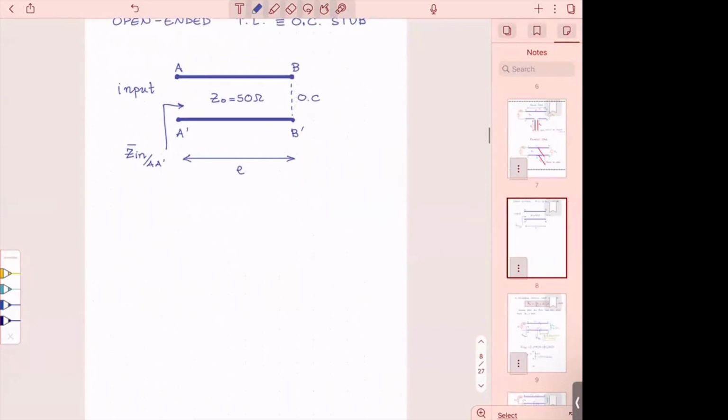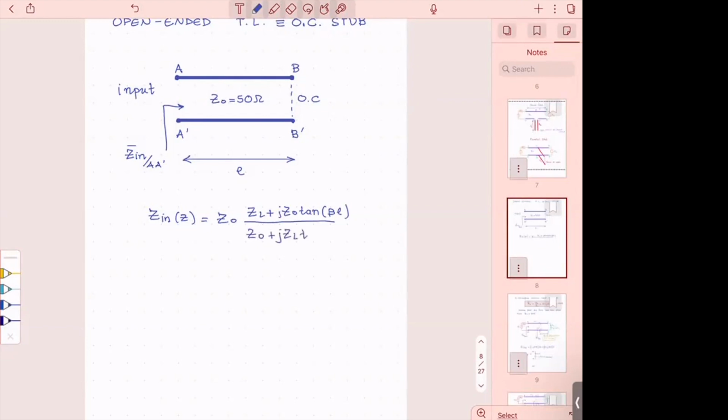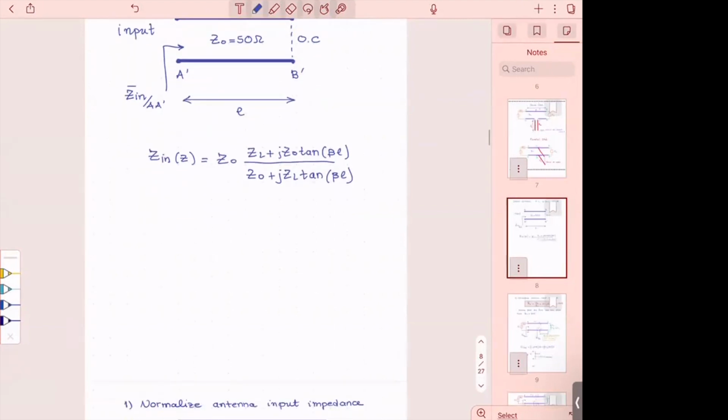All right, what is the formula for Z input on any transmission line? The Z input at any point, if you remember, is practically Z naught times ZL plus J Z naught tangent of beta L over Z naught plus J ZL tangent of beta L. All right, how much is your ZL?